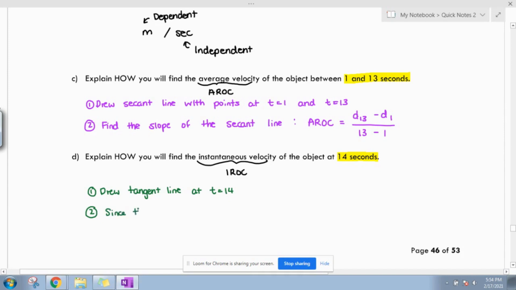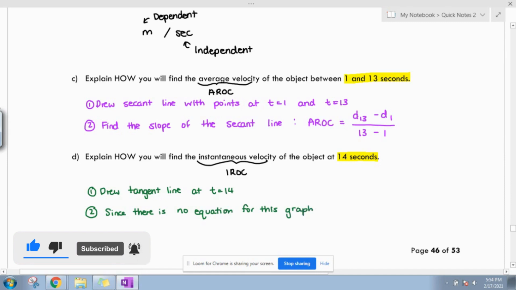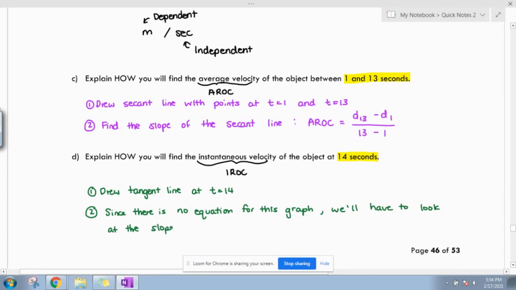So since there is no equation for this graph, we will have to look at the slope of the tangent graphically. In other words, to figure out your instantaneous rate of change here, you're going to rely on the old-fashioned slope, which is your rise over your run. So that's how you differentiate between average rate of change versus instantaneous rate of change.